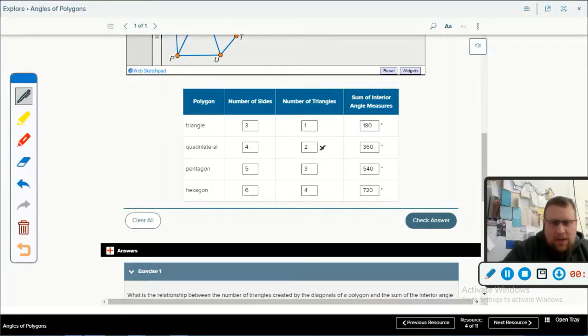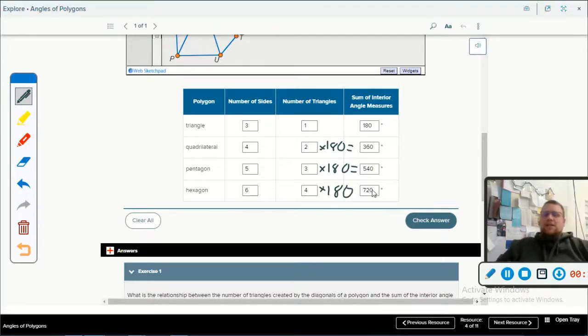What's 2 times 180? Doesn't that equal 360? How about if it's made up of 3 triangles, what's 3 times 180? Doesn't that equal 540? And what's 4 times 180? Well, that's 720.